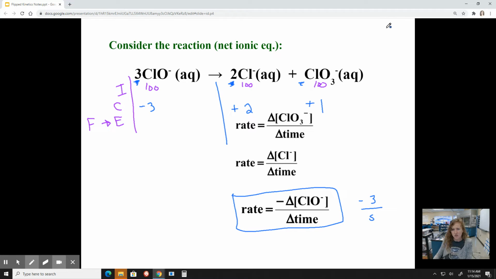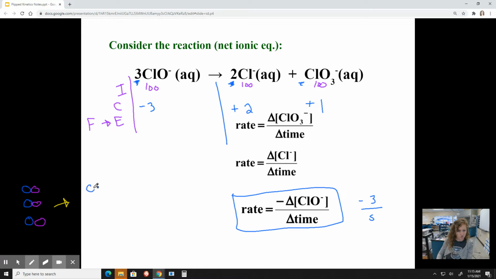So we can actually draw this out. So let's make chloride blue and oxygen, let's make it purple. Okay, so here's my reactants. And then as the reaction proceeds forward, I'm going to get 2 chlorides, chlorides were blue.